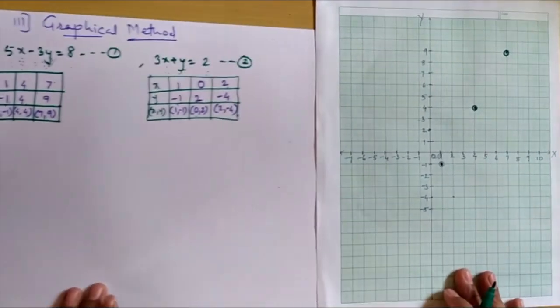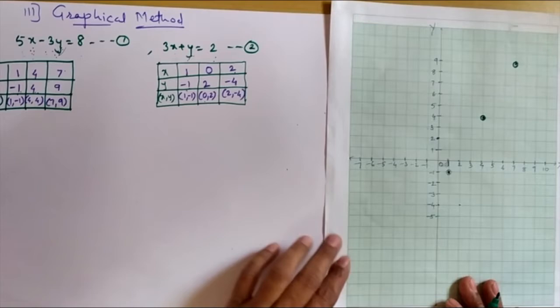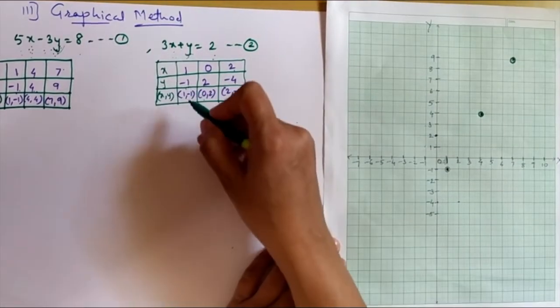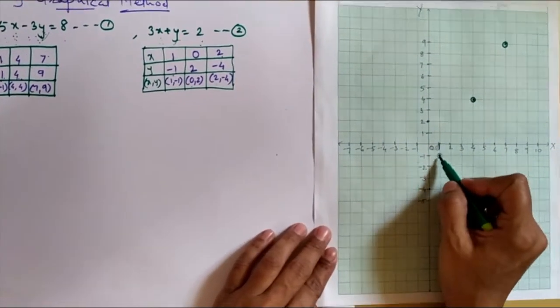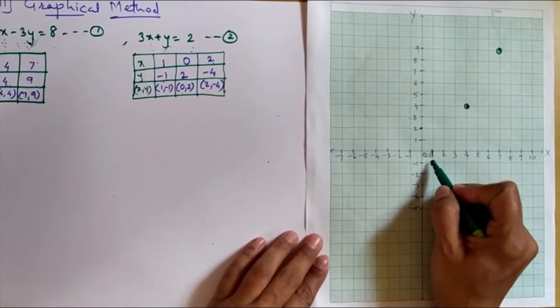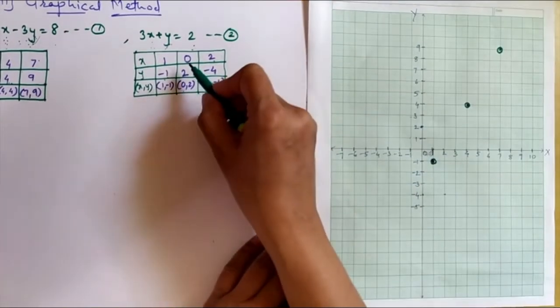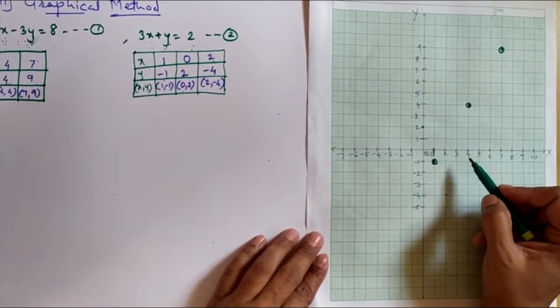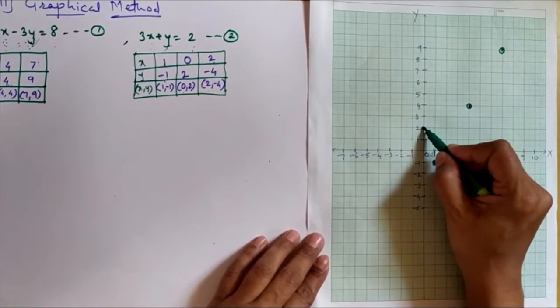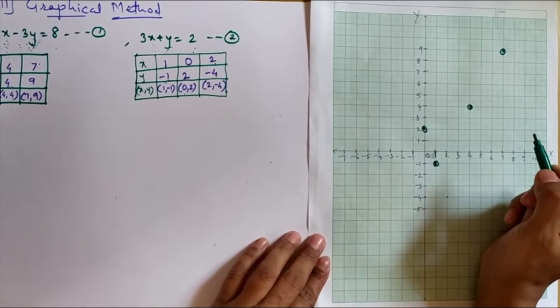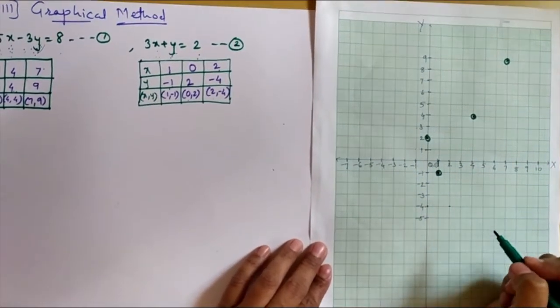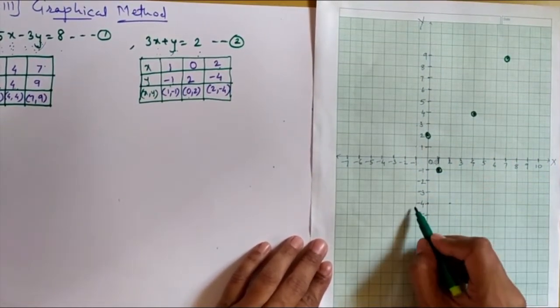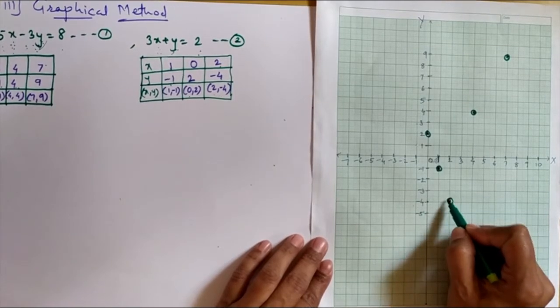Then move to second table, x as 1 and y as minus 1, again you get it here. Then x as 0, y as 2, you will get here. Then x as 2 and y as minus 4, you will get it here.